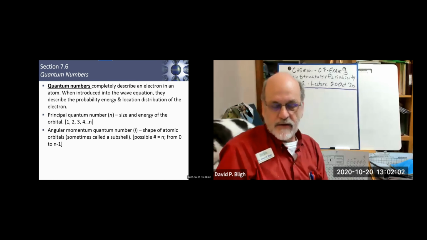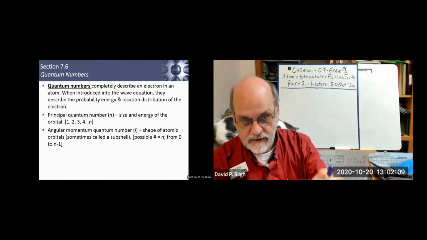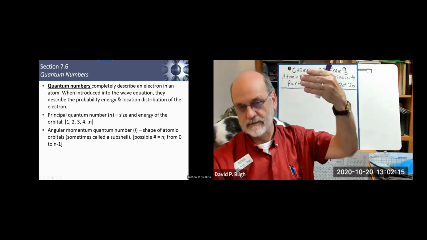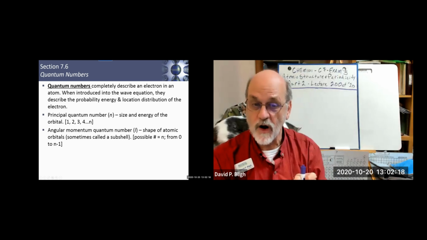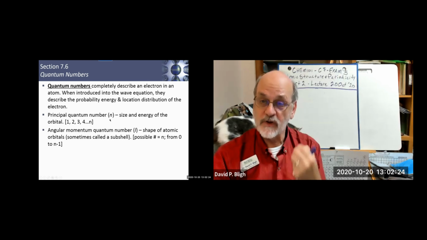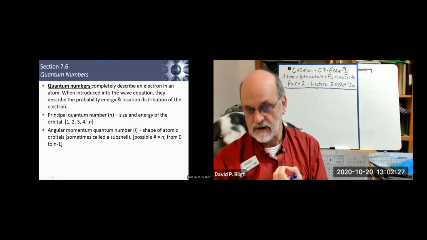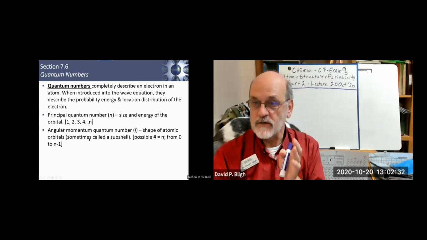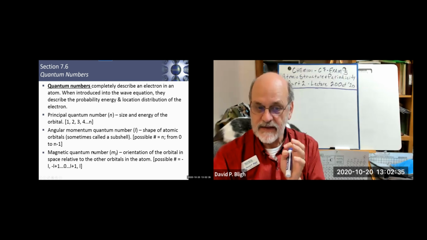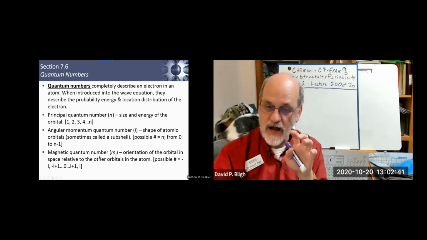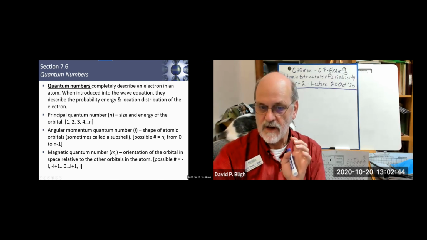So a pattern may be developing in your mind that each of the next levels is based upon the level before it. The principal quantum number n gives you information that you need to define the possible angular momentum quantum numbers. And then the individual L numbers will give you information that you need for deriving the magnetic quantum number, the m sub L. Now this one describes the orientation in space of the orbital.